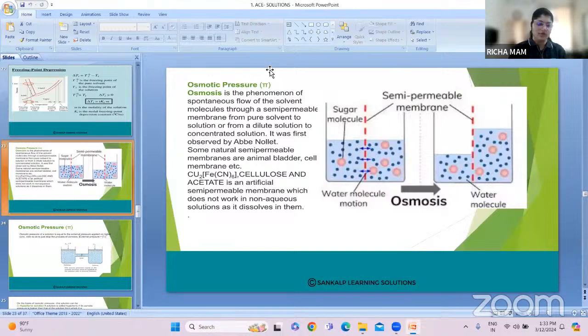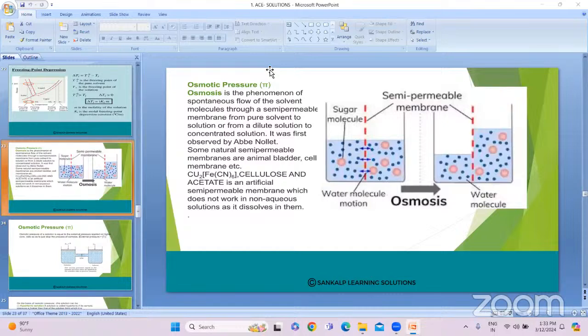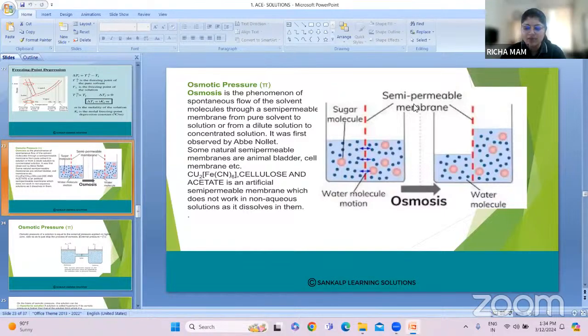Then we discuss what is osmotic pressure. What do you mean by osmotic pressure? The phenomenon in which there is flow of solvent molecules through a semi-permeable membrane from pure solvent to solution. So we are applying pressure on the solution side.